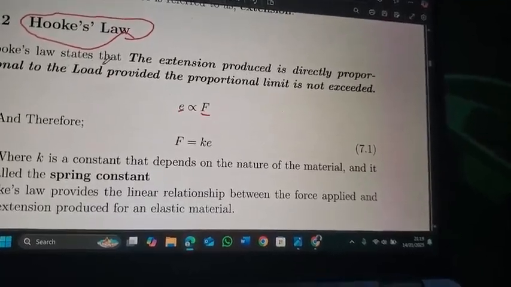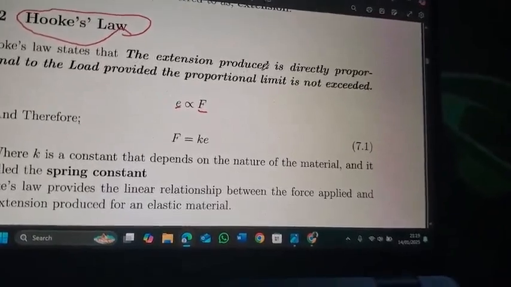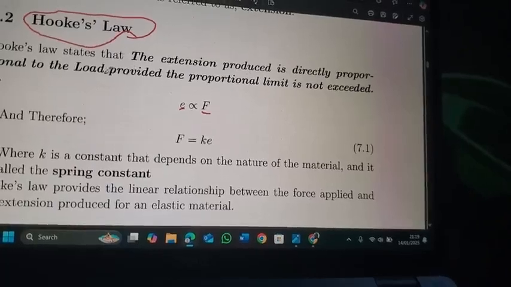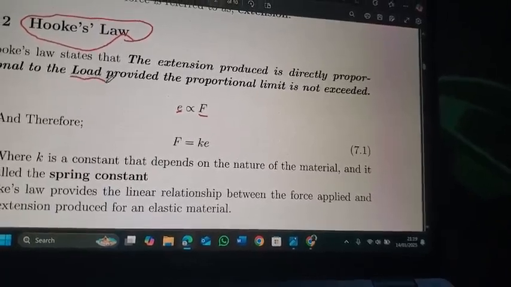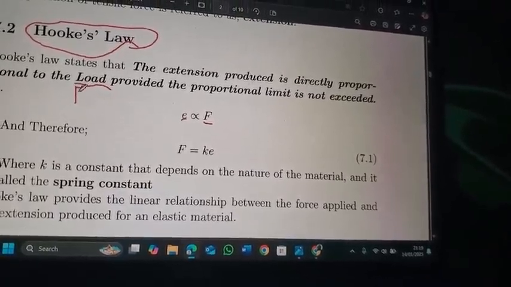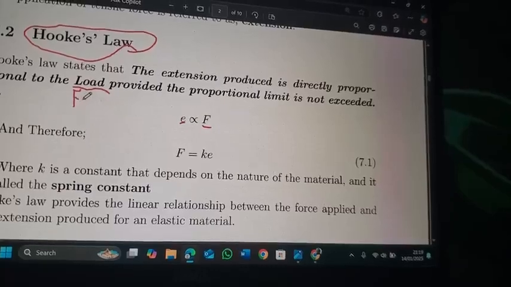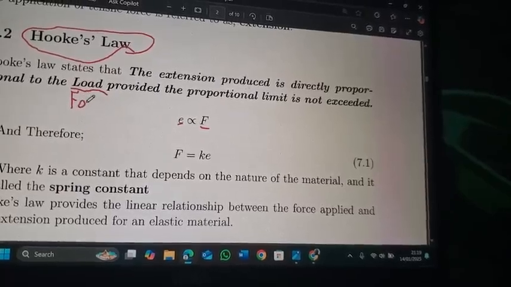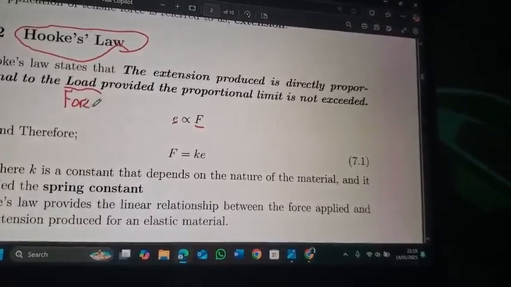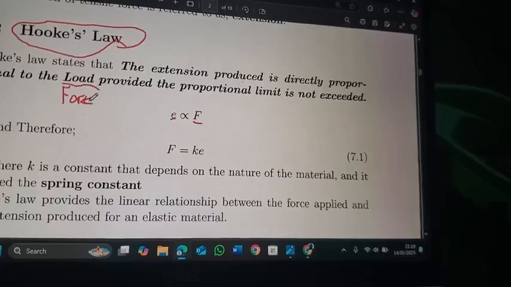So Hooke's law states that the extension produced in a material is directly proportional to the load. This load can sometimes be referred to as a force. Okay, so don't be confused. You can even call it a force. It is either called a load or a force.